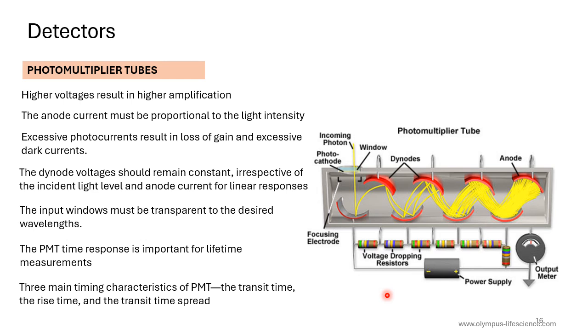But again, this limitation has been overcome in the MCP PMT. So PMT is actually a very useful detector. Of course, it has some limitations, but it is very useful, especially for low level light detection, as it has a high amplification.